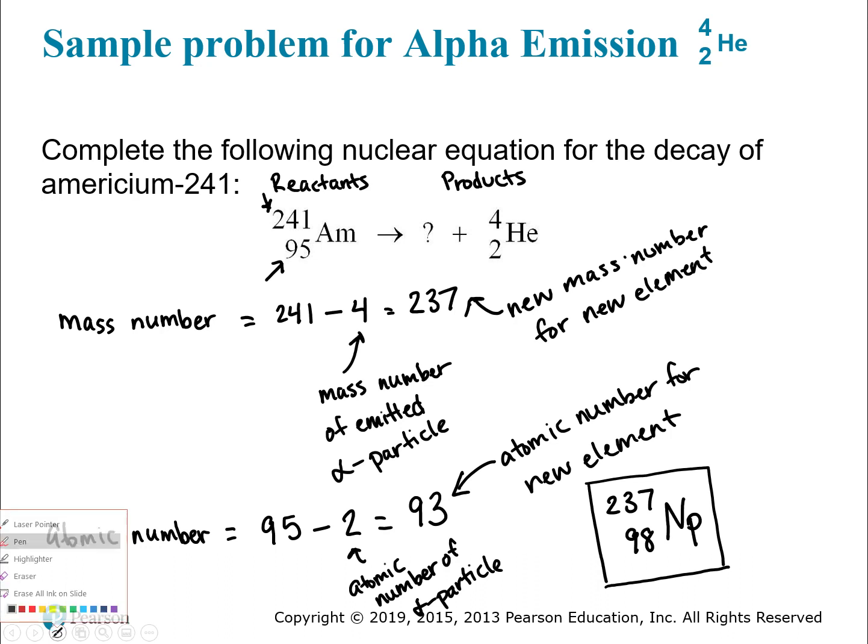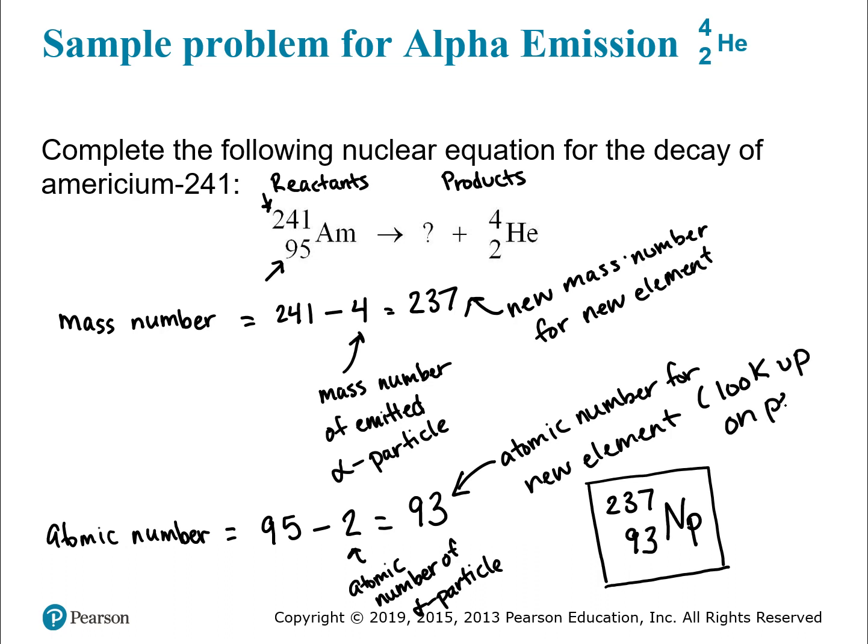Oh, excuse me. Look at that. I wrote an 8 instead of a 3. Sometimes. That's why you check your work. Instructors make mistakes too. So that atomic number is 93. So 237 for the mass number, 93 for the atomic number. And I'll write you a note here. Look up on periodic table.